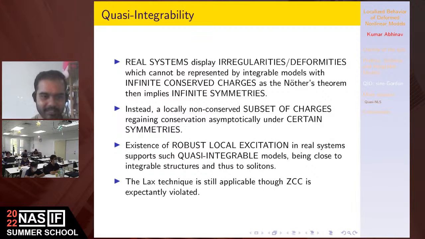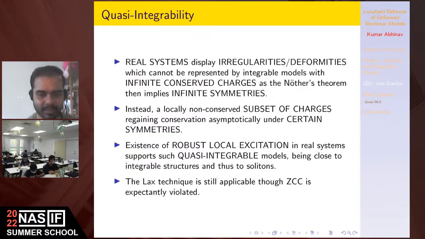Both these needs should be balanced and satisfied, and for that you have to go for a system in which a subset of the charges is not conserved, but only locally, and asymptotically all the charges are conserved. You can say that the system is not integrable locally, but asymptotically it becomes integrable because all the charges are conserved asymptotically. That's the notion of quasi-integrability.